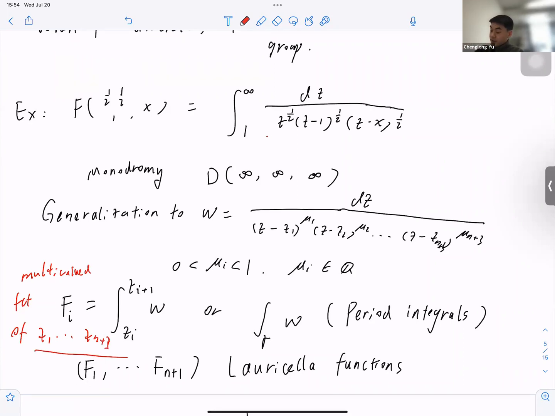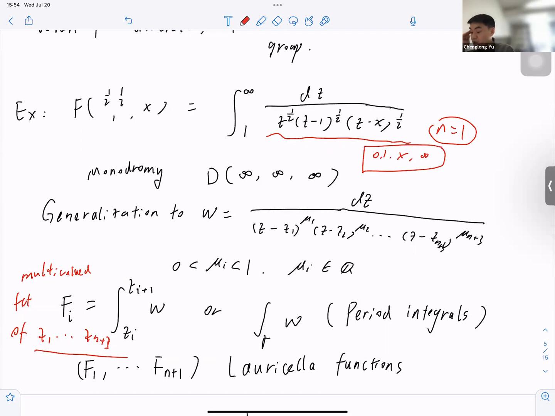And the previous case actually corresponds to n equals 1, because after a change of coordinates, you can see that the poles of this differential form are actually 0, 1, x, and infinity. So it also has a pole at infinity with order 1/2.